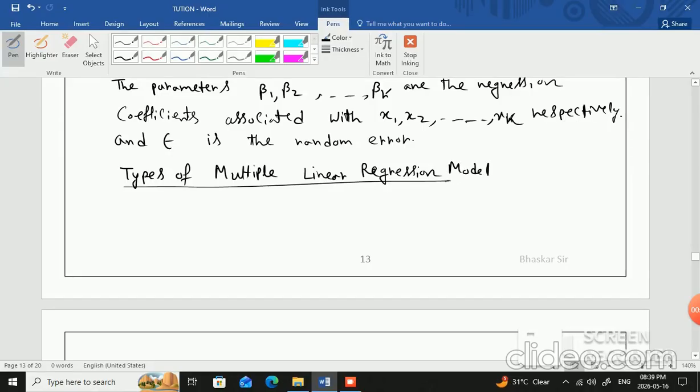One is the with intercept model. Another is the without intercept model.